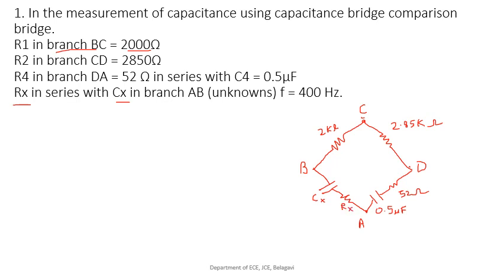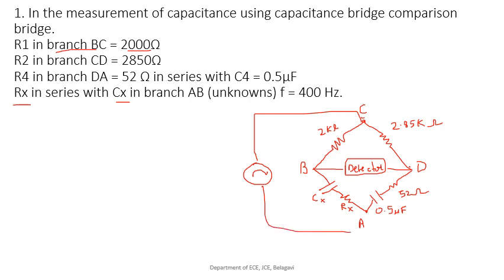So try to understand, and here it will be the detector, and then the AC source will be connected here. So in this case, if you write Z1 by Z3 is equal to Z2 by Z4.